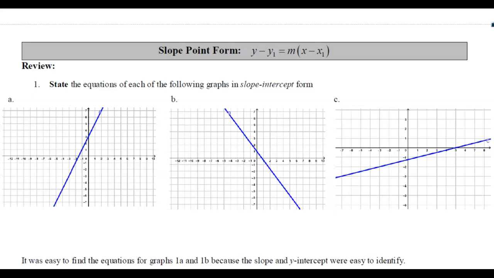Okay, so first questions there. I want you to state the equation of each of the following in slope-intercept form. So yesterday's work. Look for the y-intercept, figure out what the slope is, and then come up with the equation in that form. Remember, slope-intercept form is y equals mx plus b.